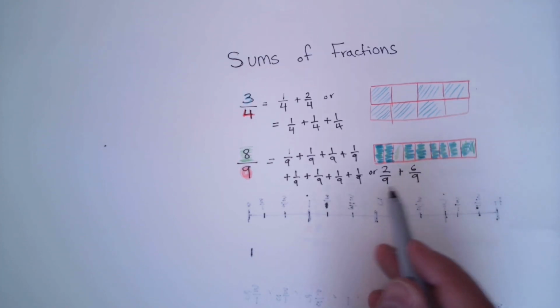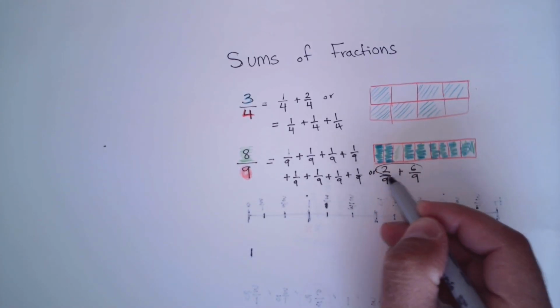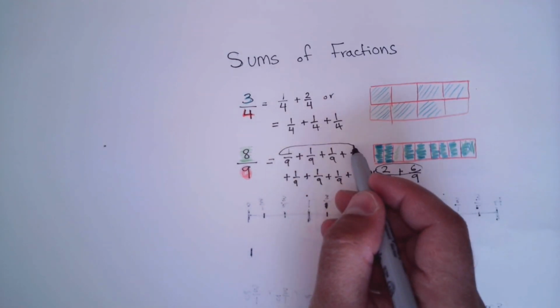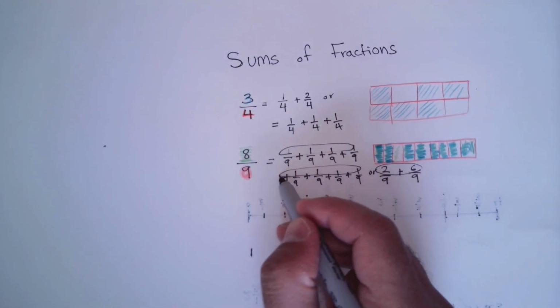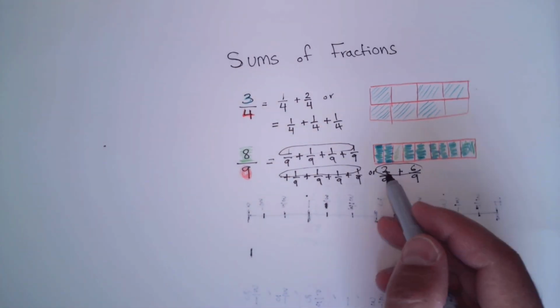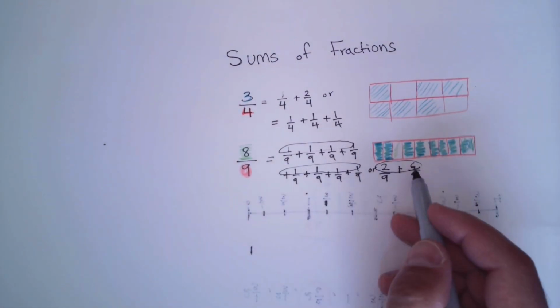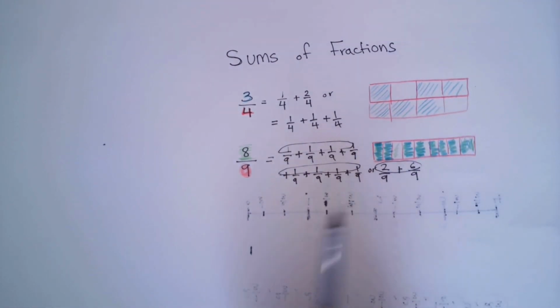Because the size doesn't change when you're adding fractions. It's the quantity, the numerator, that adds up to your total amount of available pieces, right? So you're thinking about ways to make up 8.